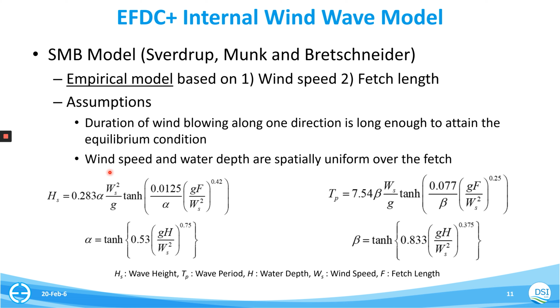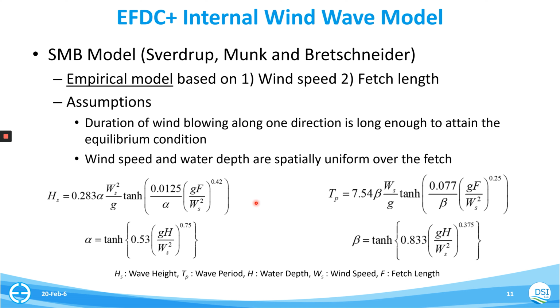Another thing is that the wind speed and water depth are assumed to be spatially uniform over the fetch. Since EFDC Plus is calculating the length between the cell and the land boundary, this basically means that within the same cell, the wind speed and water depth are uniform.